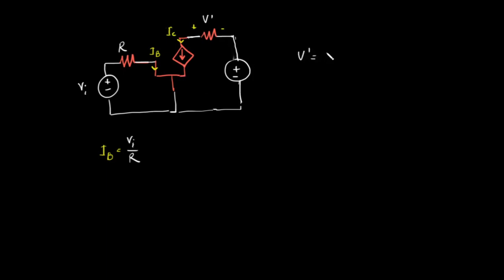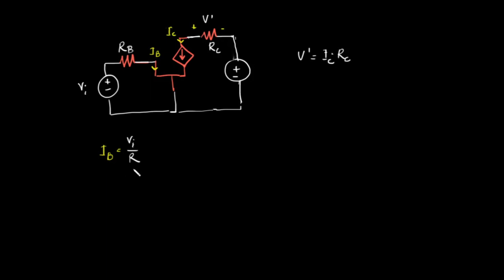The voltage across the resistor will be V prime equals IC times, well, we need the value of the resistance, so let me just call it RC, the resistance connected at the collector, and let me call this RB, the resistance connected at the base. So the voltage V prime will be IC times RC.